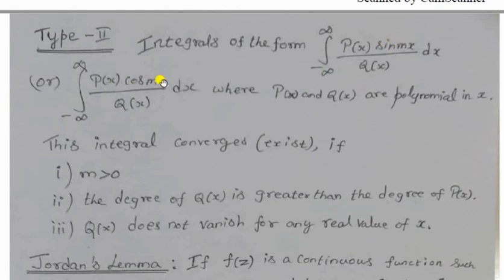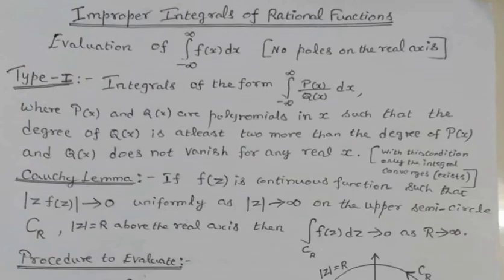Otherwise, p of x into cos mx by q of x. So it is sine or cos along with that. We'll be using the exponential function in common to represent this sine and cos. Imaginary means it is sine, real means it is cos. So we are going to find how to use the method of contour integration to find the value of the integration of these two types.